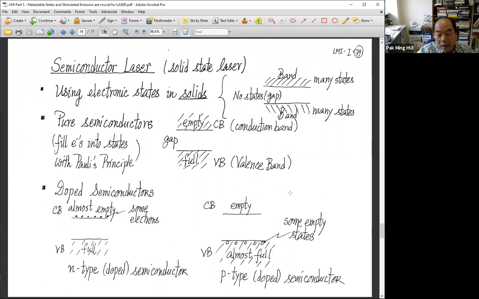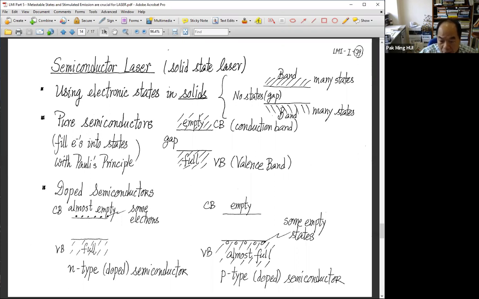Okay. A more popular one in recent years is the semiconductor laser, the one that we use in the lecture hall, things like that. Okay, and then it is the same idea, but we have solid states. We have semiconductors.